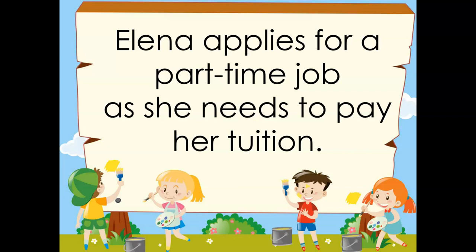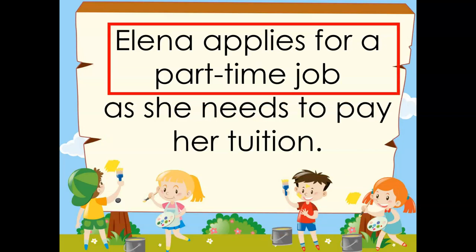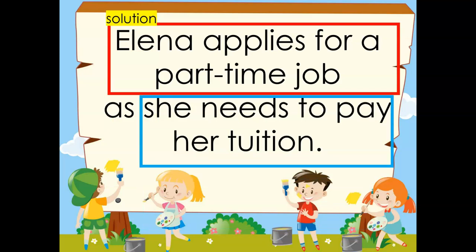So what is the problem in this statement? Let us find out the problem. She needs to pay her tuition. That's why the solution is Elena applies for a part-time job. So this is the solution and this is the problem.